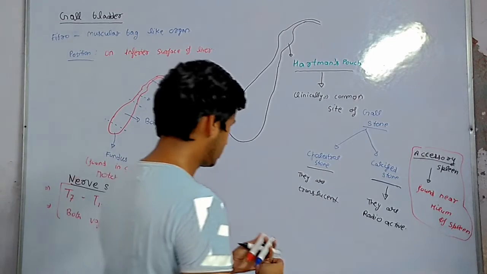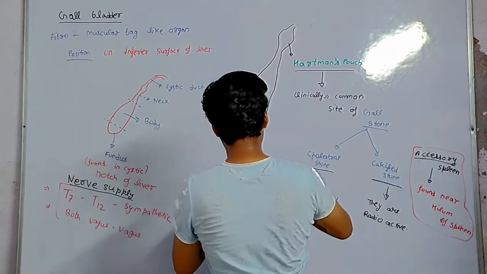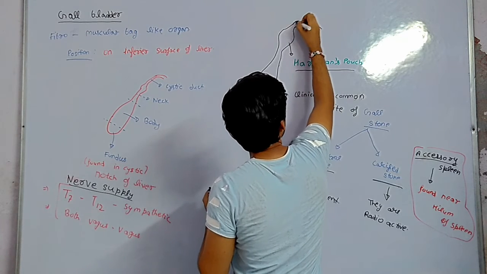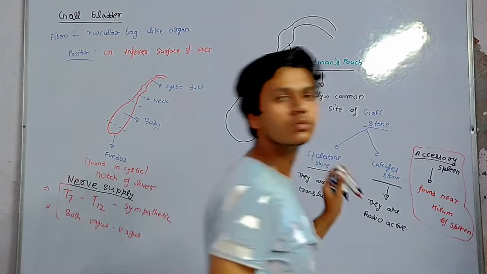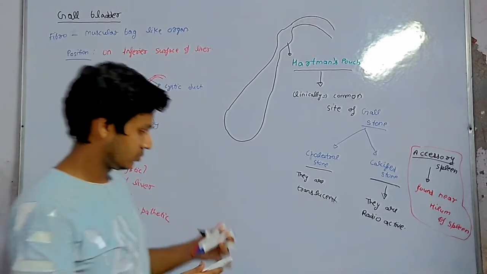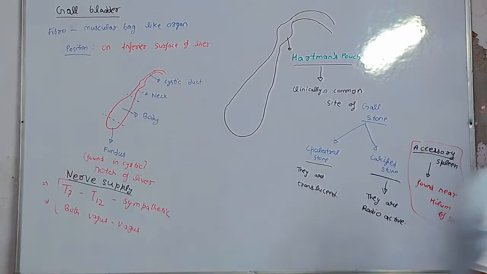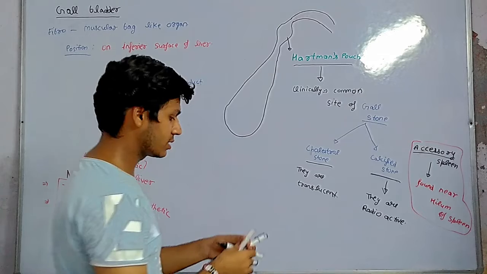Now after this is the duct of the gallbladder. We can extend this. Let's say this is the gallbladder duct, which is called the cystic duct.